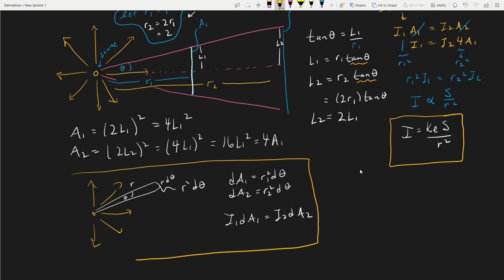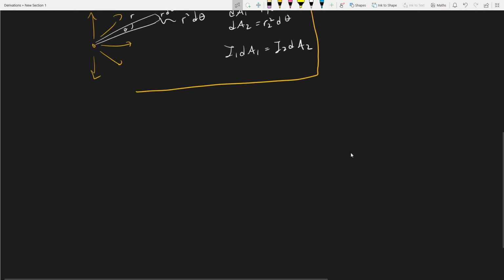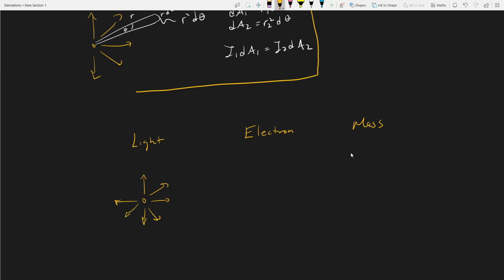So just as a concluding point here, imagine you have a light source, imagine you have an electron, and imagine you have a mass m. Well, in the light source, I just showed you that I is equal to some constant of proportionality times the source over r squared.